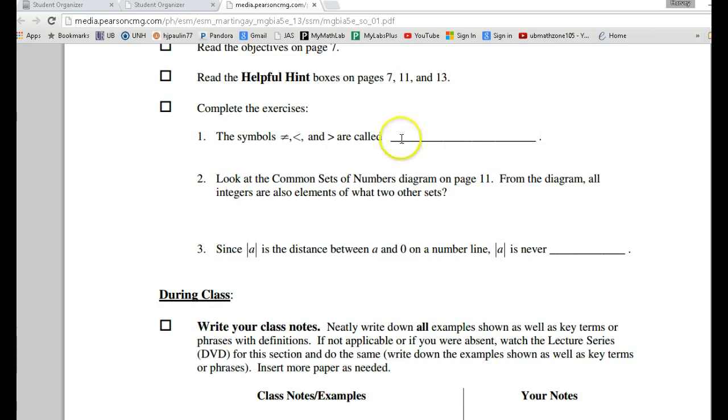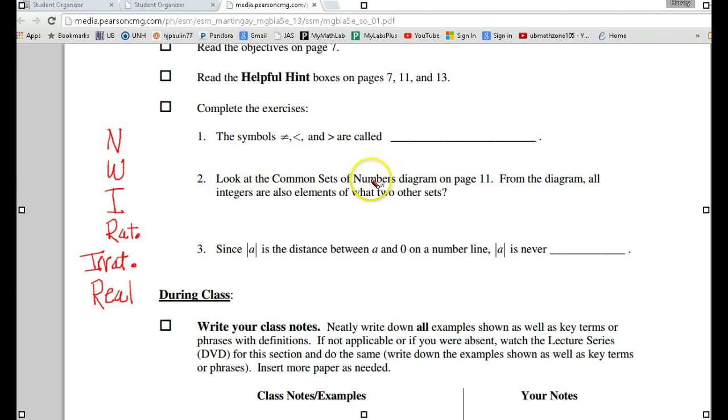These are called inequality symbols. Inequality. All right, it says look at the common sets of numbers diagrammed on page 11. And then from the diagram, all integers are also elements of what two sets?